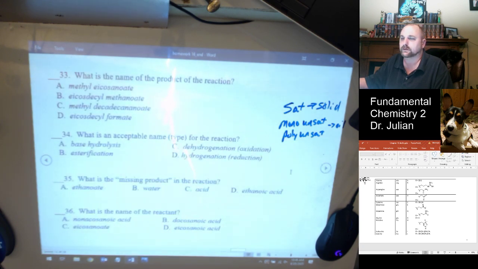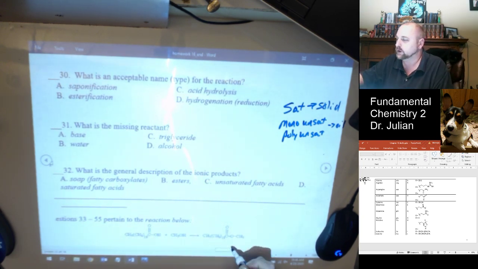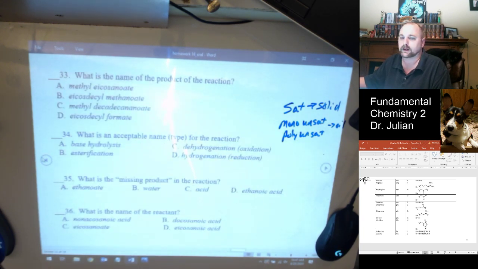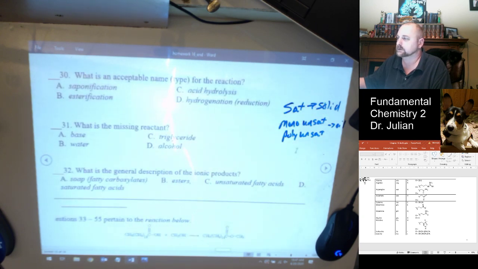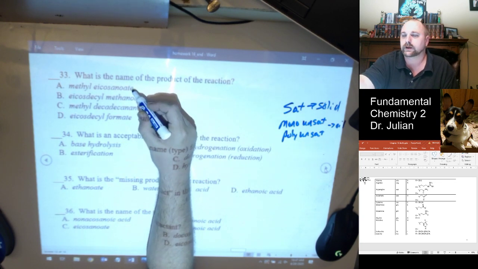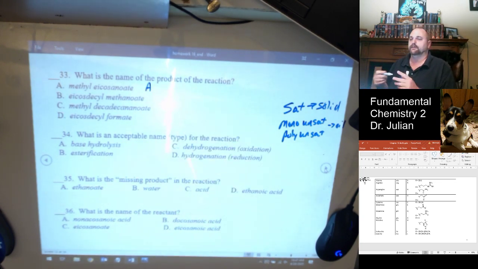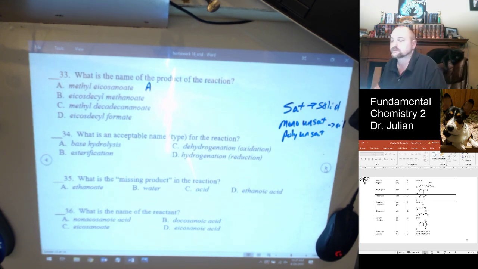So it says, what is the name of the product? Okay, so I'll come back over here. I have 20. So 20 was that icosanoic. And we had a methyl. Yep, so methyl, the first icosanoate name just like that. So that'll be A. Alright.